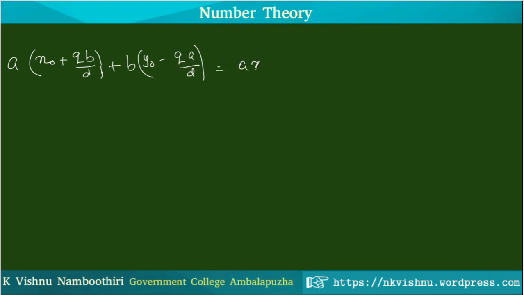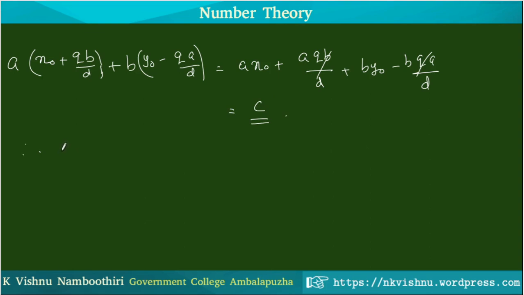So if we expand, this is going to be ax0 plus a qb by d plus b y0 minus b q a by d, but these two terms are the same, so we cancel. Therefore, this is equal to ax0 plus b y0. Therefore, this is equal to c. Therefore, for any q, this is going to be a solution.